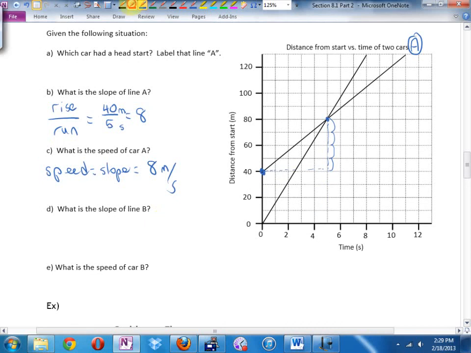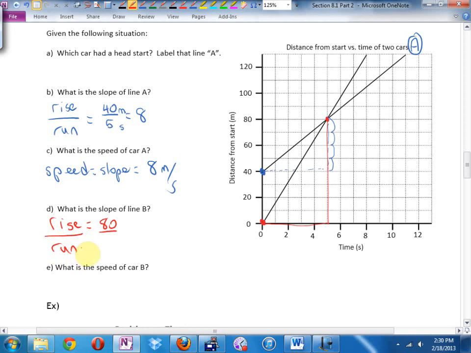Well, line B definitely starts here and goes through here. The rise is from 0 to 80. So the rise is 80 over the run.